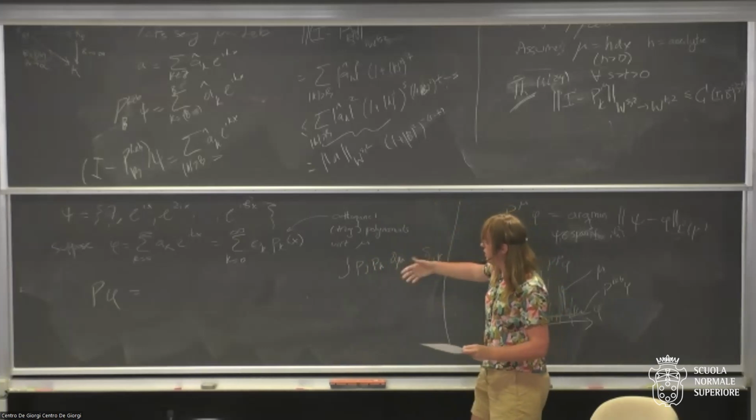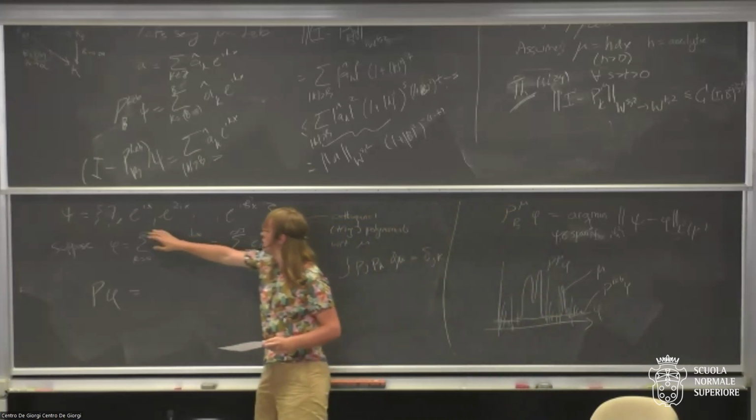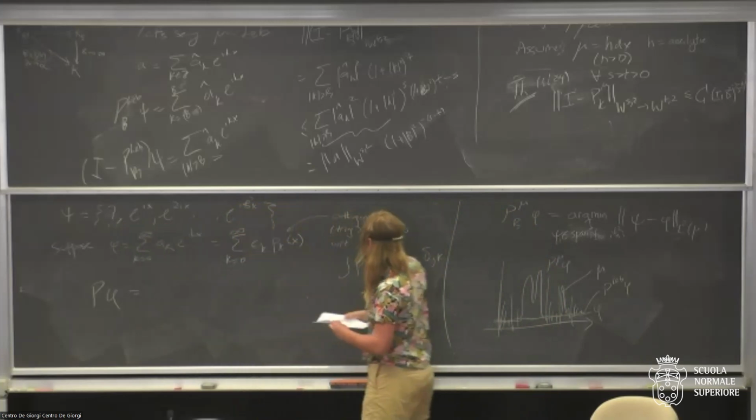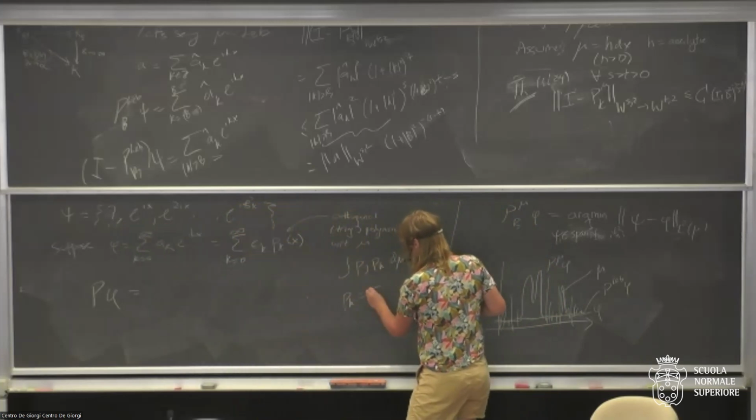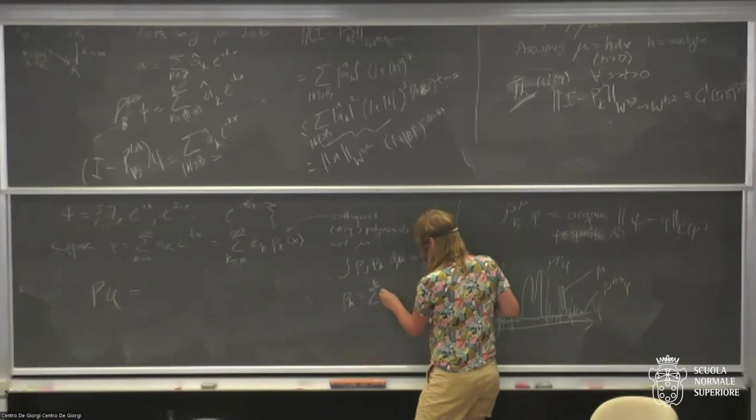So basically, we're defining an orthogonal set of functions based on this, and I suppose also we need to say that p_k is a sum up to k of some constants.